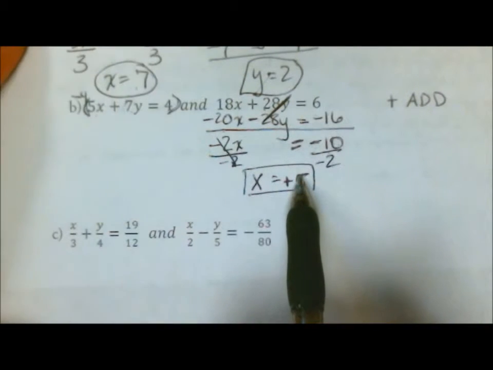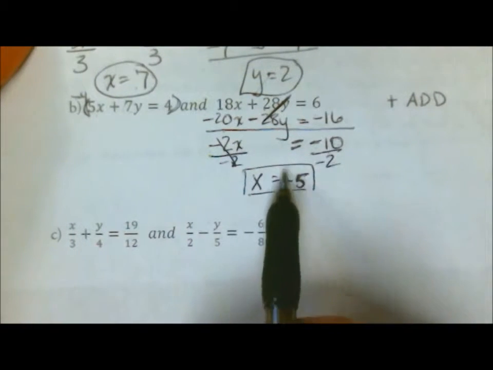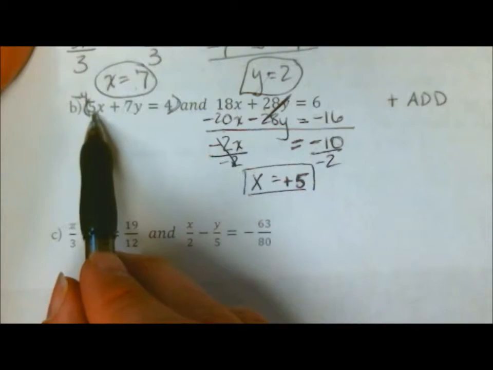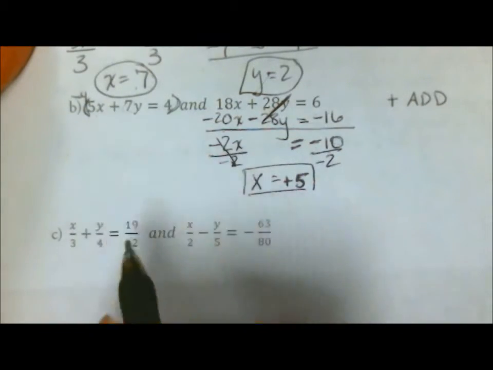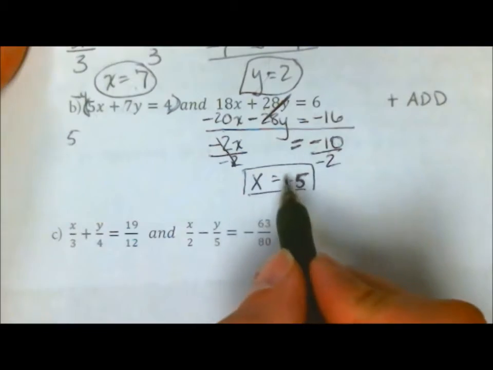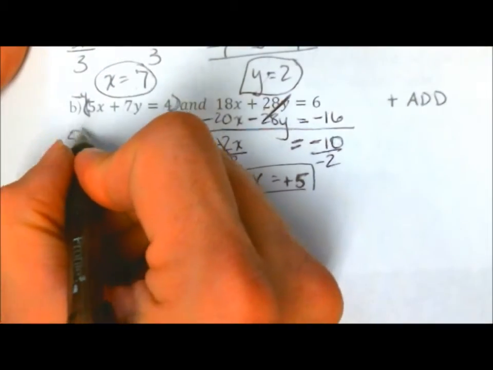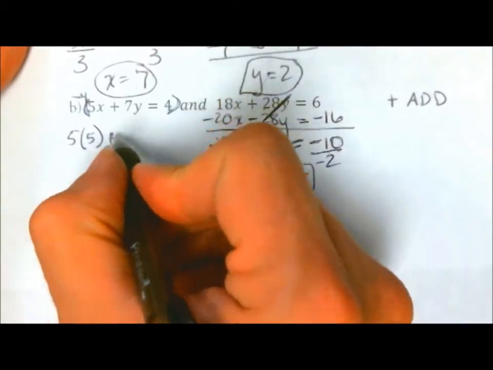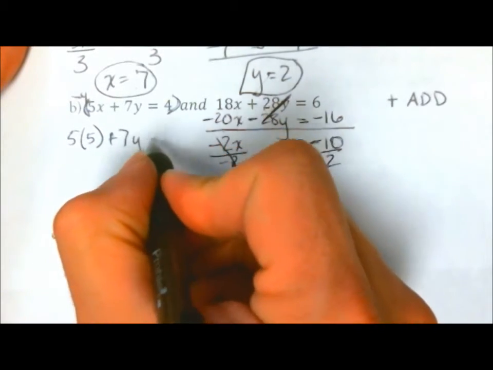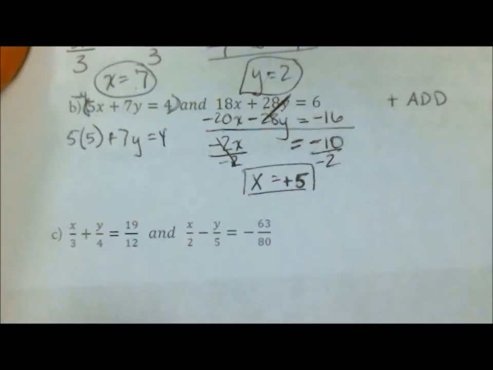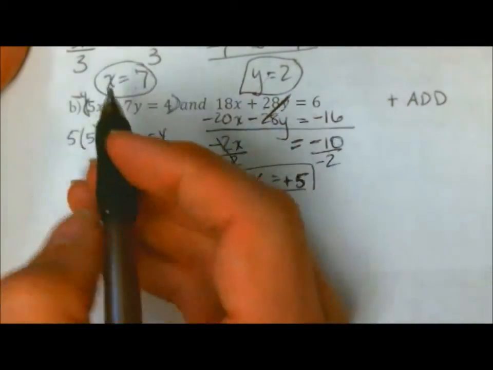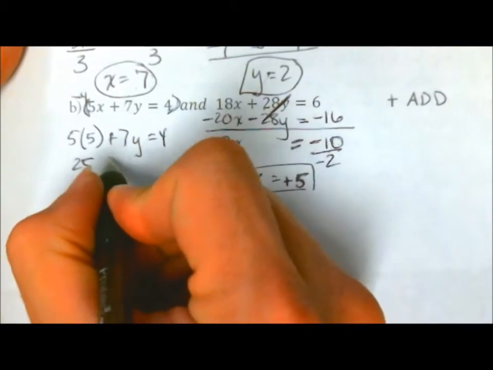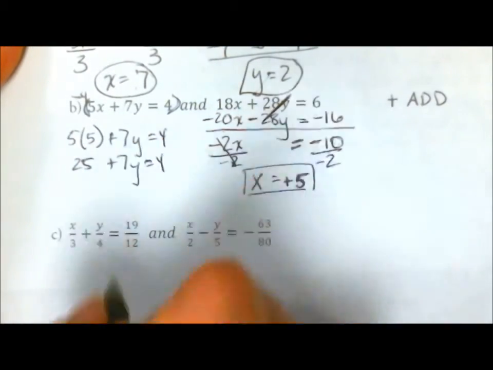Once we solve for x, let's not forget we still need to solve for y. So I'm going to put an x in right here. So I will write 5 times x, which happens to be 5, plus 7 times y is 4. And then I'll solve. 5 times 5 is 25. Plus 7y equals 4.